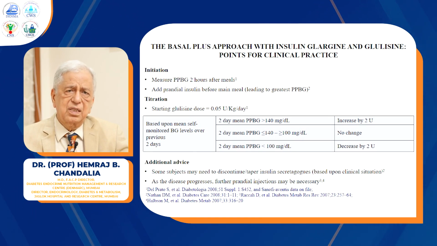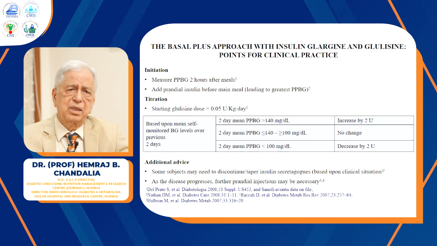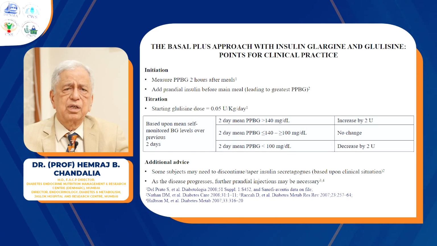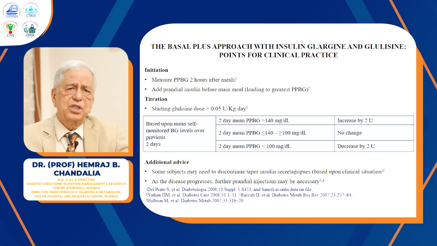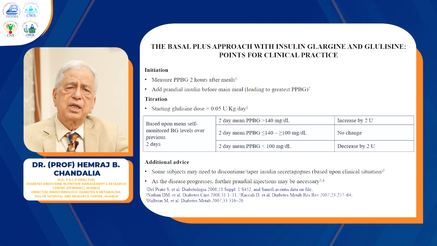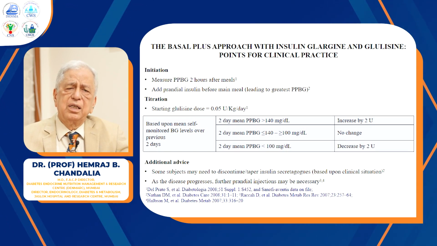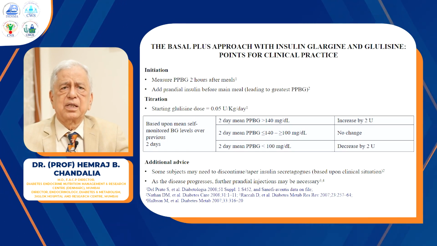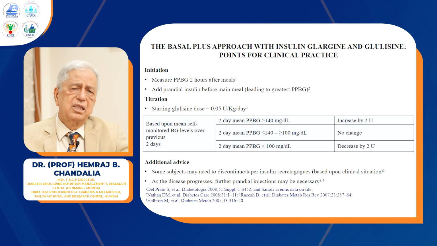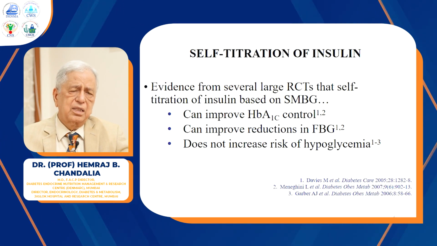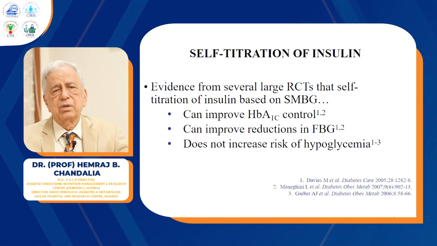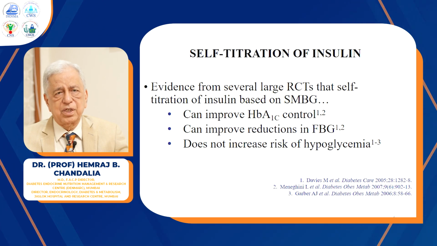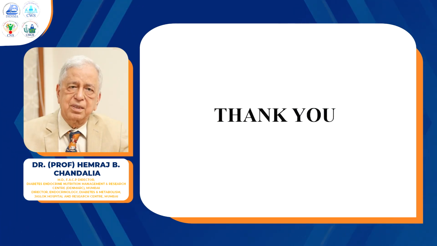So you tell the patients that we want our fasting, for example, between 100 and 120 or 125, and you adjust your dose until you reach the targets, and the prandial is in the range of about 140 or 150 to 160 or 170. Once you give the targets, the patient can self-titrate, and some of these studies have shown very good results with self-titration. Thank you very much for your patient listening.